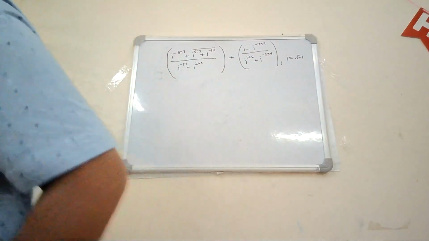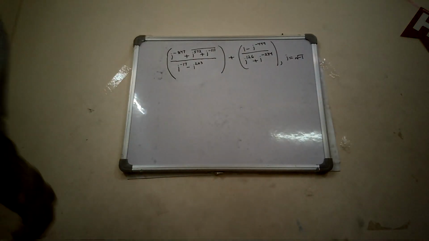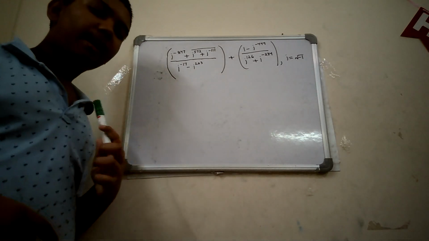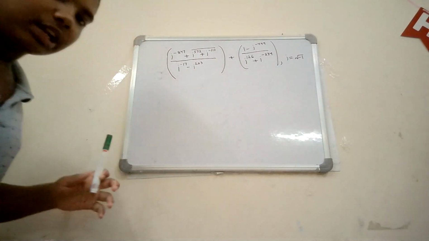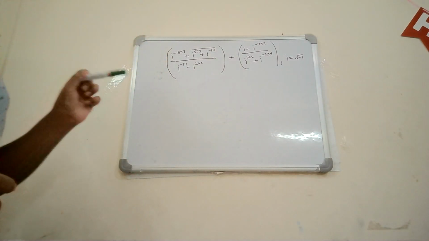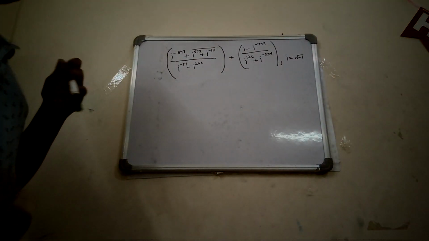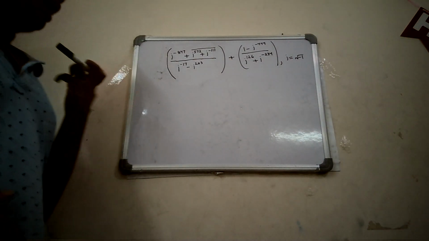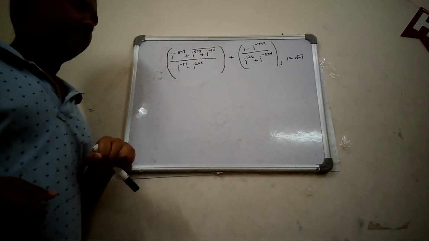And in today's video we have a cool imaginary unit expression we're going to be solving. Now this looks pretty cool. This has negative exponents as well, and fractions and conjugates.